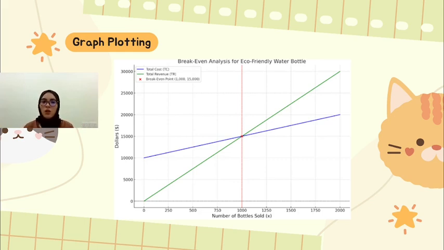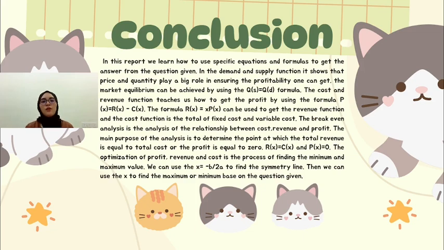Okay, so for the conclusion of our presentation, in this report, we learn how to use specific equations and formulas to get the answer for the question given. In the demand and supply function, it shows that price and quantity play a big role in ensuring the profitability one can get. The market equilibrium can be achieved by using the Qs equal to Qd formula.